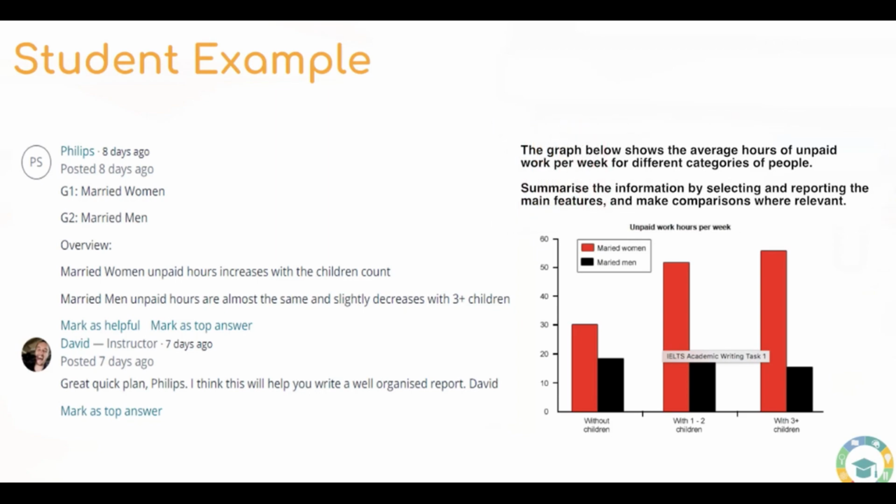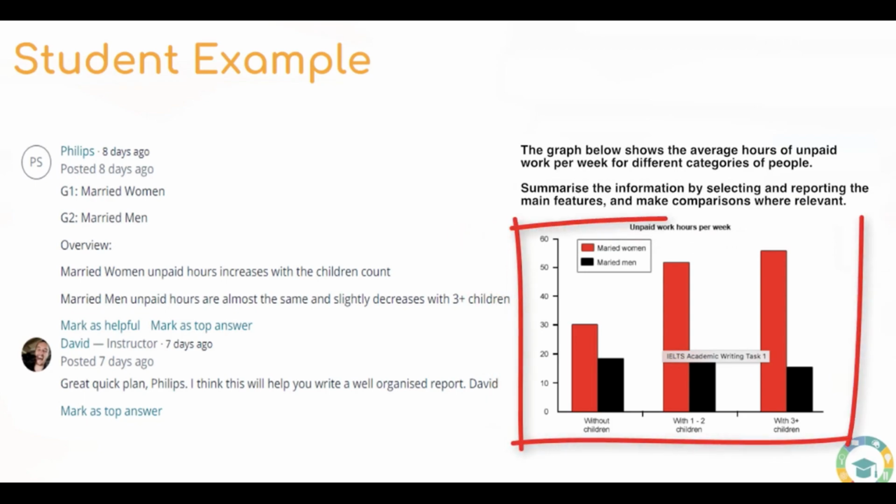Let's take a quick look through the visual information and data for this question. So as always, start with the title, which is Unpaid Work Hours per Week. Just below that, in red, we have married women, and in black, we have married men. Along the y-axis is the amount of unpaid hours per week going from 0 to 60.